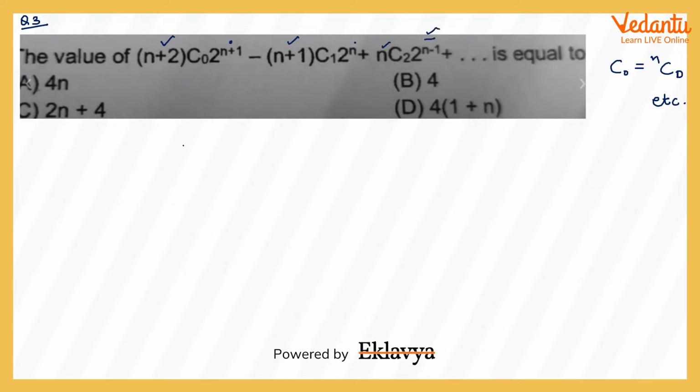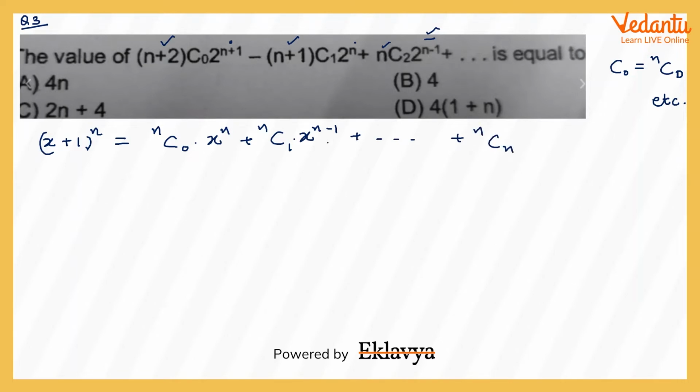Now, if I have to do this question, let me try with the expansion of x plus 1 raised to the power n, which is nc0 into x power n plus nc1 into x power n minus 1 and so on, plus ncn into 1.